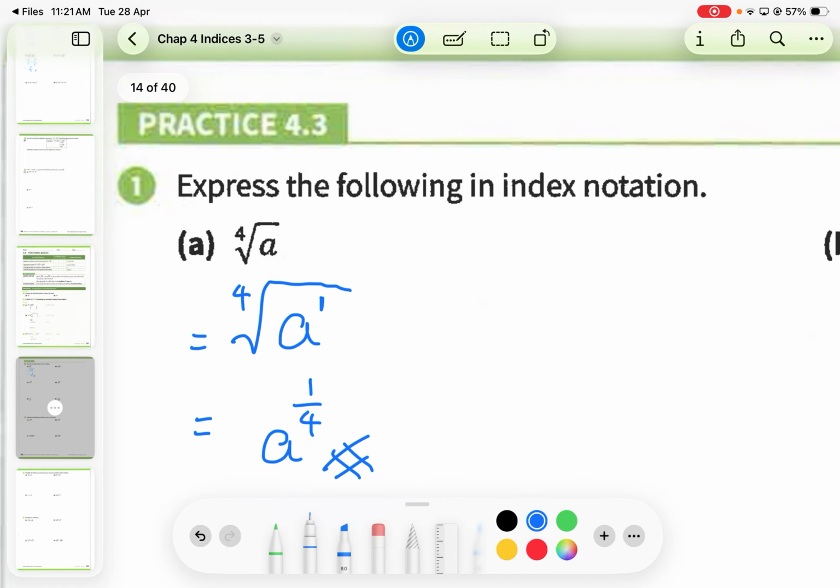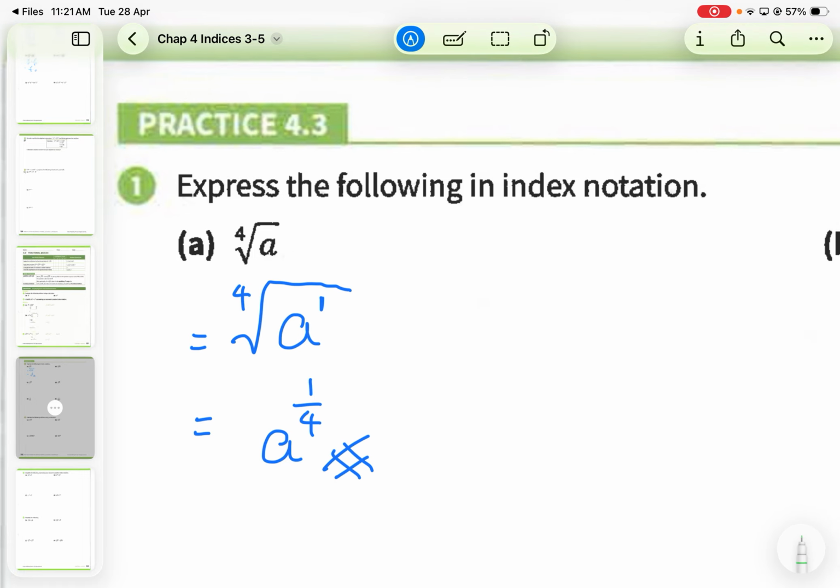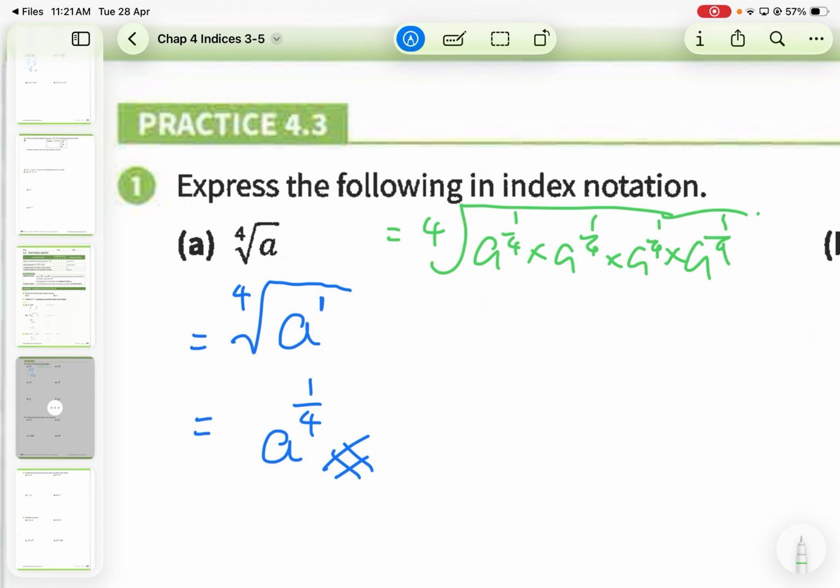If we go back into why, then we are actually finding out what multiply by itself 4 times become A. So the only possible is like that. Then by now you know your indices. When I multiply these 4 same number, I'm adding the power. 1/4 plus 1/4 plus 1/4 plus 1/4 equals to 1.